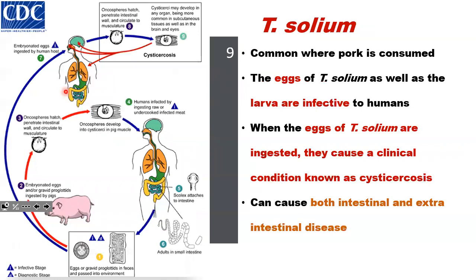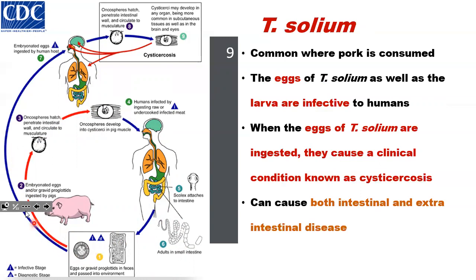Now, Taenia solium deserves special mention. I know in Saudi Arabia, pork is not consumed. However, you may have expatriates coming in from regions where pork is consumed, and you can have a bizarre presentation. So it's important to know that with Taenia solium, you can have both a GI, an intestinal infection, which we just discussed. It's similar to that of Taenia saginata.